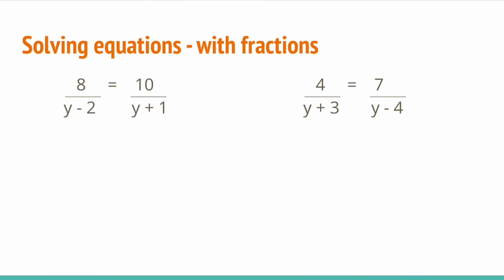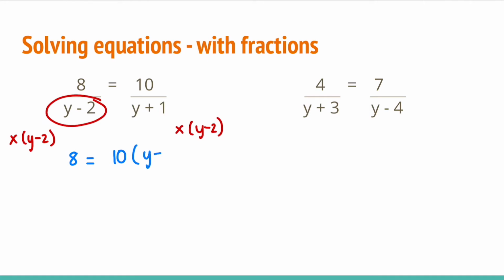Some slightly trickier fractions. So on these ones we need to multiply both the denominators. So I'm going to just take one of them first. I'm going to take this one first, and I'm going to times both sides by y minus 2. And that's going to give me 8 is equal to 10 times y minus 2 over y plus 1.